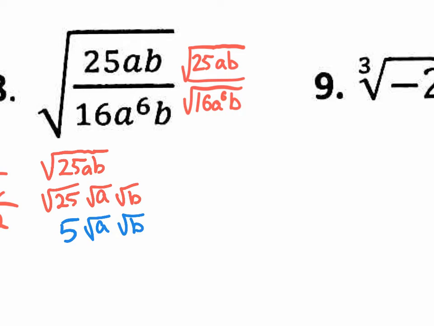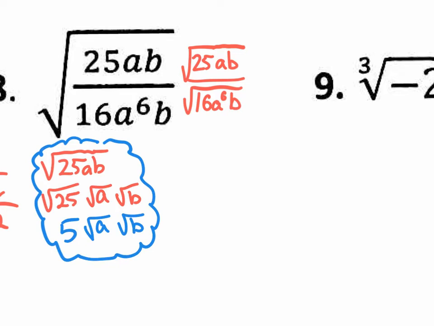Now, if this were my only problem, I would put it together and say that my answer is 5 square root of ab, underneath 1 square root. But because I know I have a denominator, I'm just going to leave them separate for a little while. And if for some reason nothing cancels out, then I will put these guys together at the very end. But anyway, this is what we have up on top. Let me rewrite it up there. We have 5, the square root of a, and the square root of b.